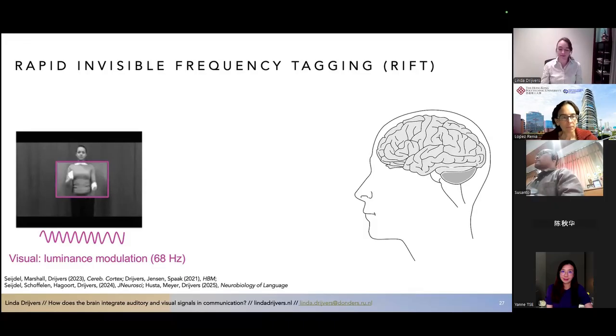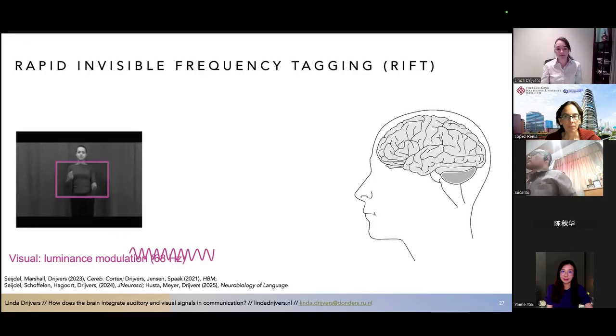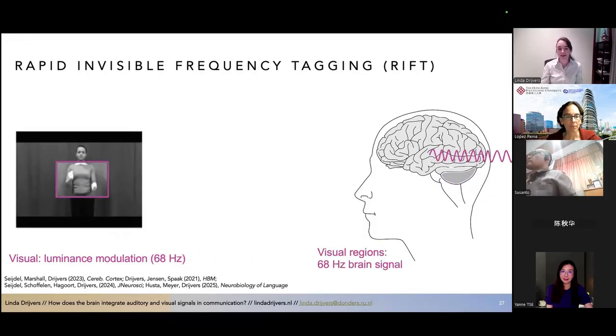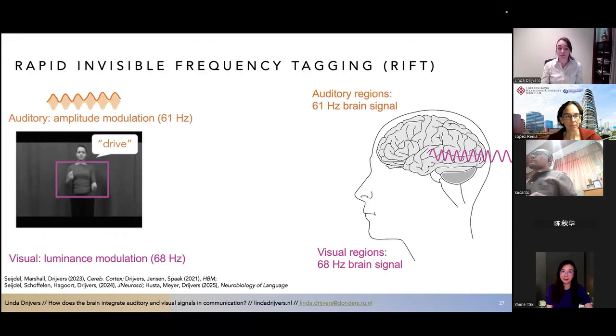If we do this at, let's say, 68 Hertz, we will also see a 68 Hertz brain signal over visual regions in the brain. Likewise, we can do that with sound as well. So if we modulate the amplitude of, for example, the speech signal at, let's say, 61 Hertz, we can also see a 61 Hertz brain signal occurring over auditory regions in the brain.